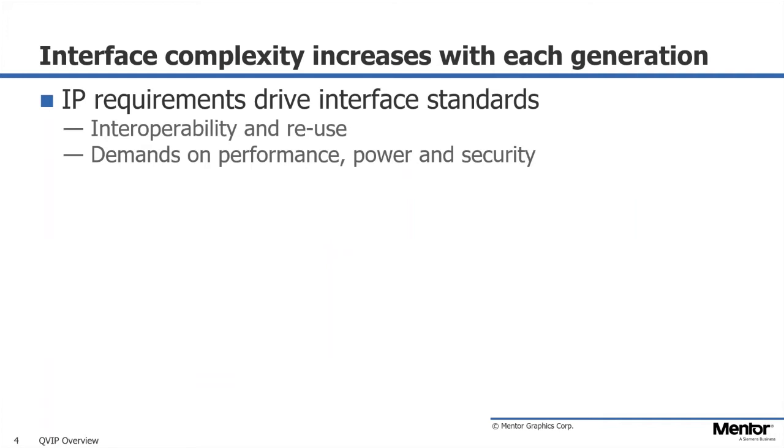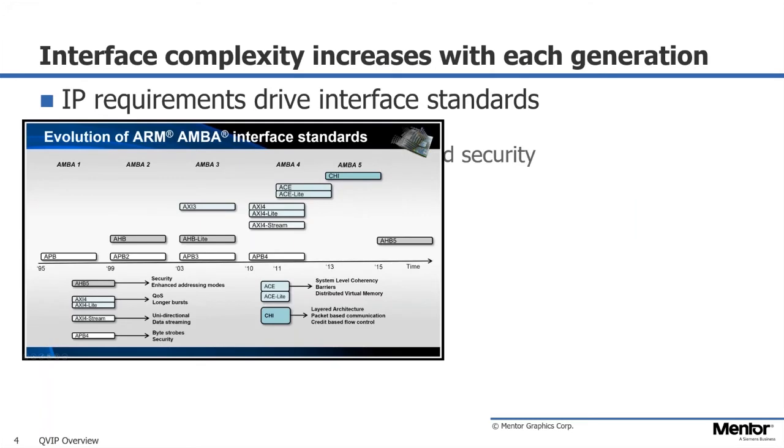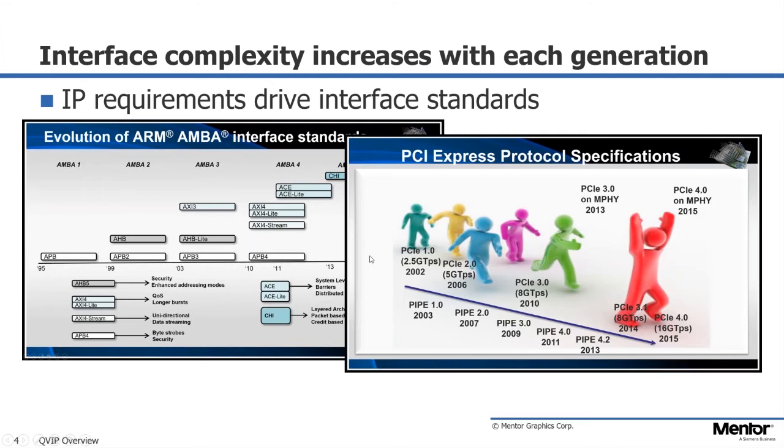If you look at the history of things, these interfaces get more and more complex with every iteration. If you look at the ARM buses, it started out in '95 with a fairly simple APB bus. That got more and more complicated, became the AHB bus eventually. Then came the AXI buses, and things just continue to get more and more complicated as we go along.